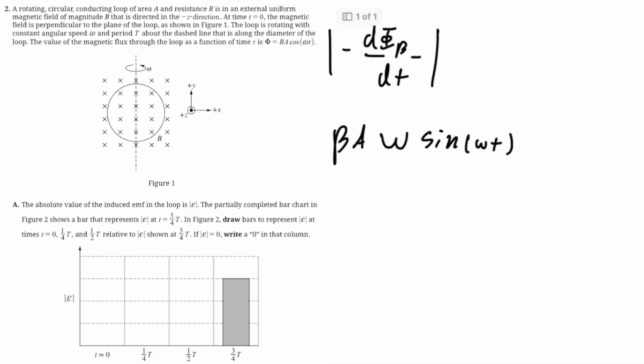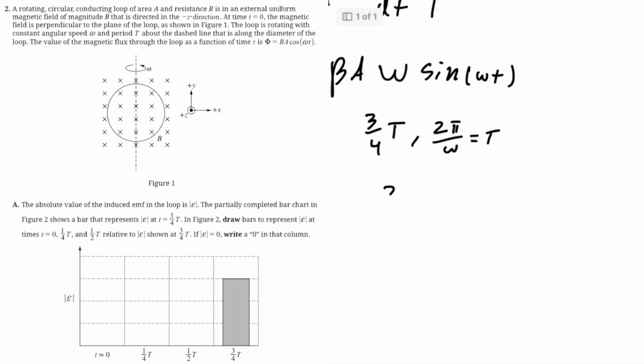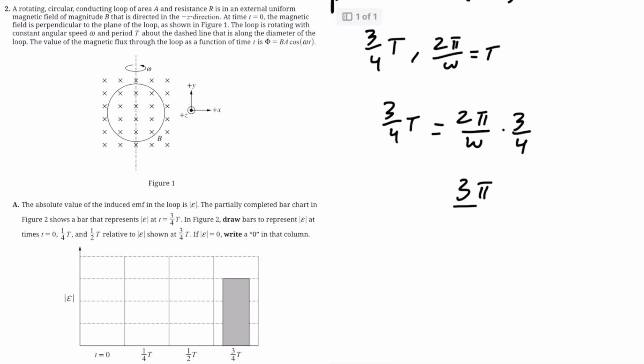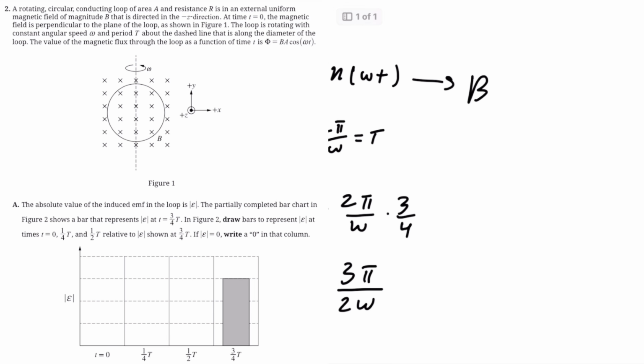Let's think: at time equals 3/4 T, what we said earlier is that 2 pi over w is equal to T. So then 3/4 T is equal to 2 pi divided by w times 3/4. We'll simplify this a little bit. We get 3 pi over 2w.